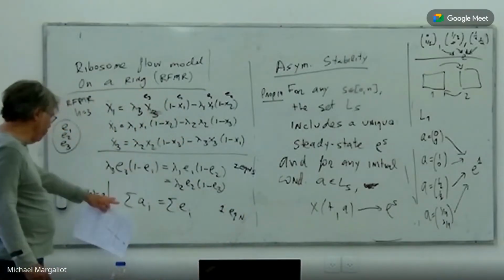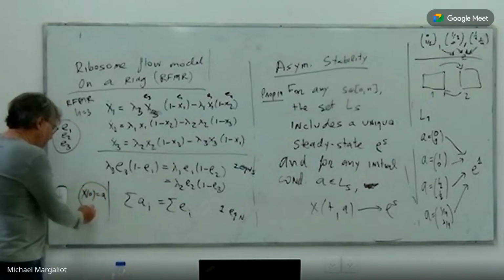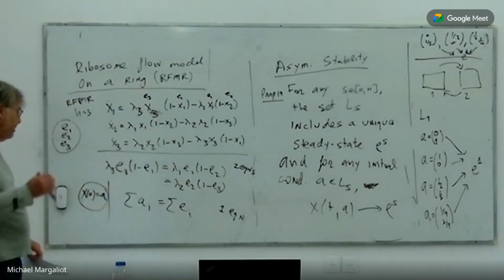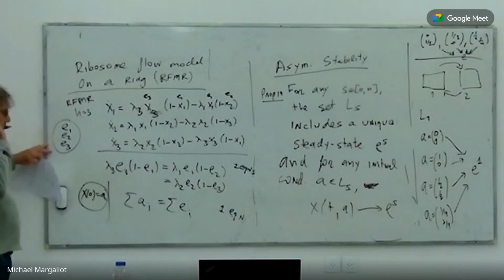And once I know the initial condition, for any initial condition, I take these three equations for three unknowns, and then I solve this and I get the steady state.